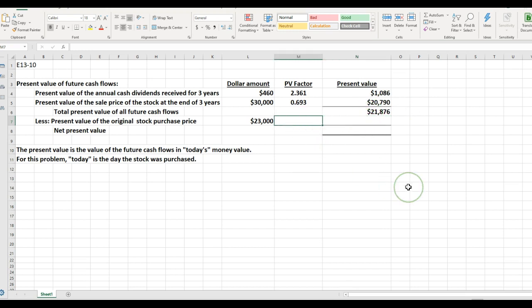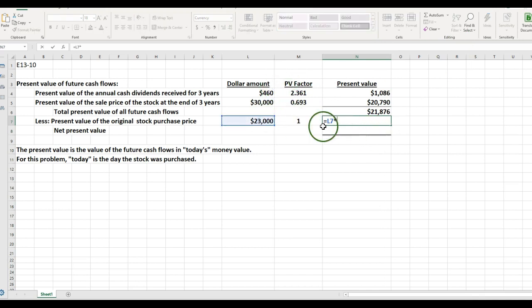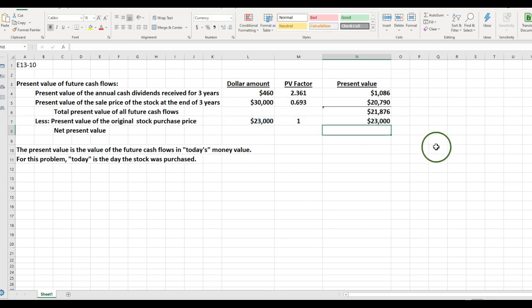Well, the initial investment, when she paid $23,000, and we're using today as the day she paid the $23,000, the factor is just 1. So this is equal to 23,000 times the factor of 1, 23,000.